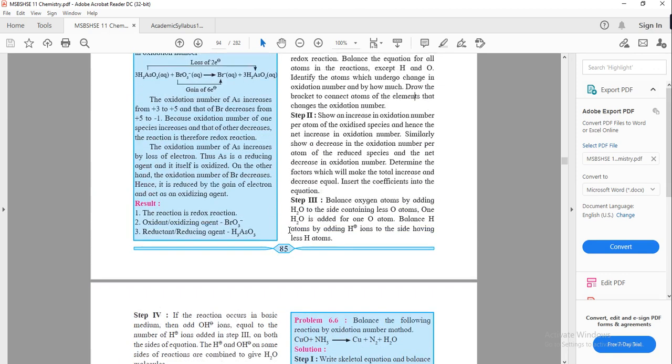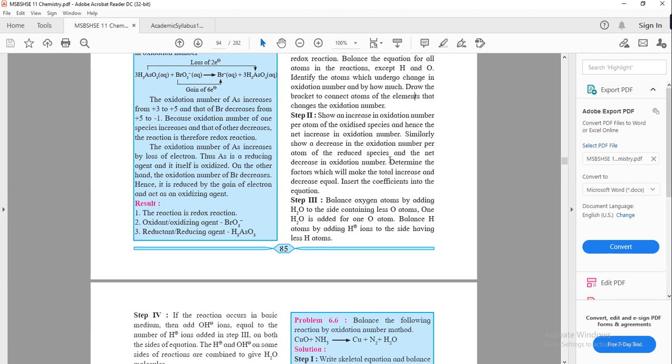The next step is what? Show an increase in oxidation number per atom for the oxidized species and hence the net increase in oxidation number. The species which gets oxidized has an increase in oxidation number.